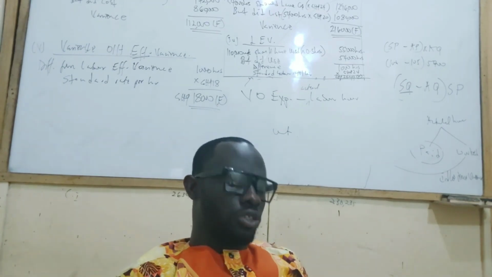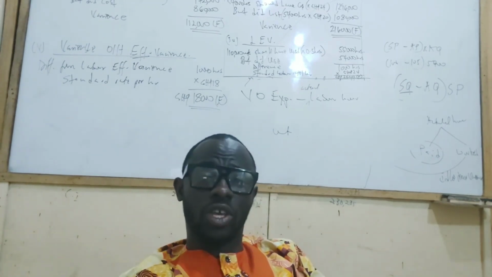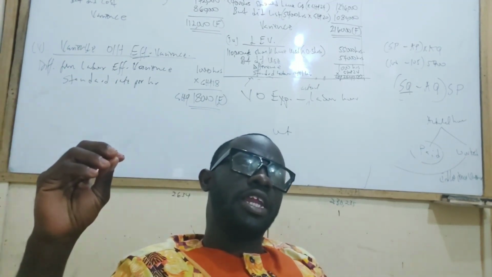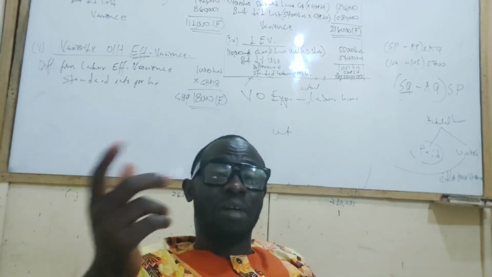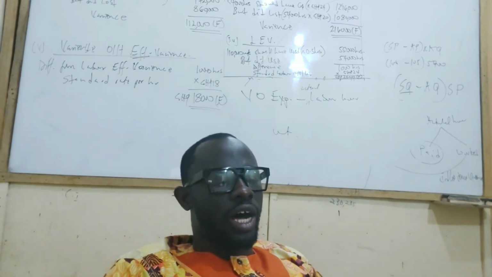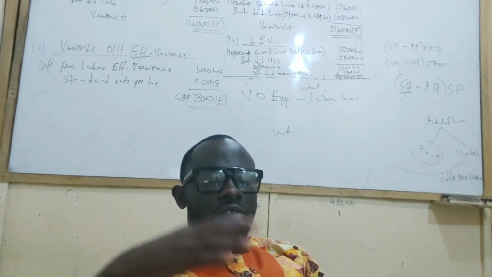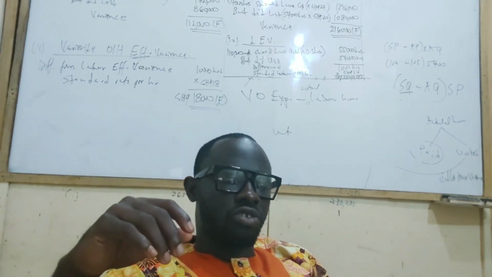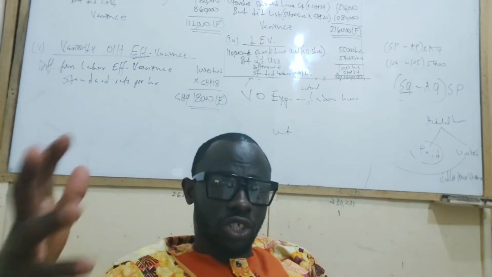Then the case also gives us a preview of the tourism industry in Ghana. Primarily, it tells you what is happening in the industry, a couple of risk factors, a couple of threats, and also a couple of opportunities.